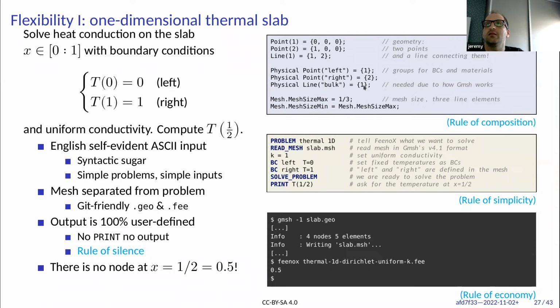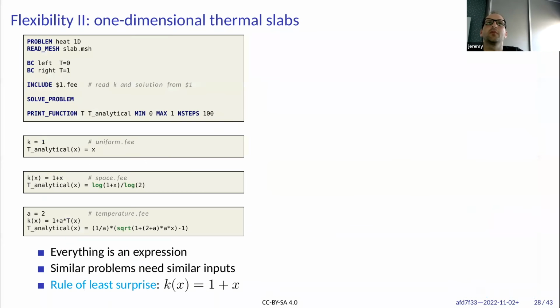The key here is that the mesh file defines that the characteristic length is 1/3. So we have a node at x equals 0, a node at 1/3, a node at 2/3, and a node at x equals 1. We don't have a node at x equals 1/2. But nevertheless, we can ask the temperature at any arbitrary point, and FeenoX will interpolate it for us and give the right answer here.